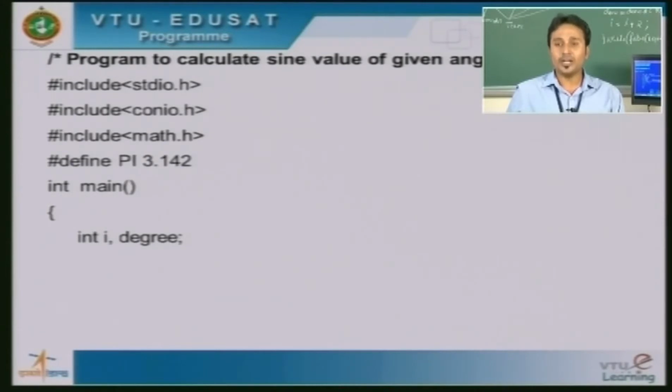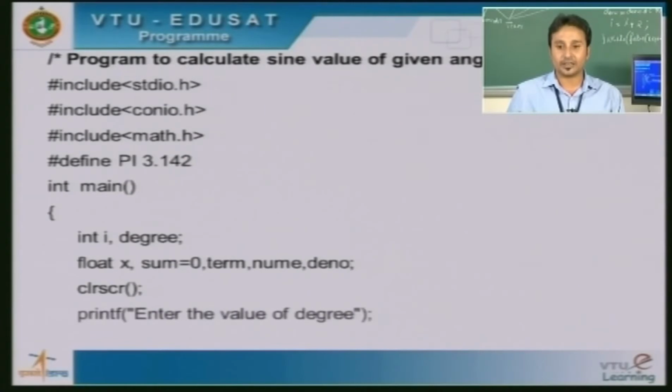Here, we will declare the variables i and degree as integer data type, followed by other variables such as x, sum, which is equal to 0, term, numerator and denominator, which are declared as floating data types. Next, we have clear screen, which is used to clear the output screen.